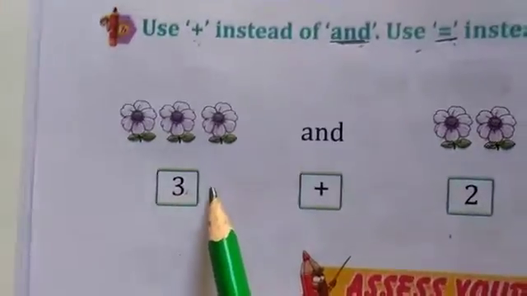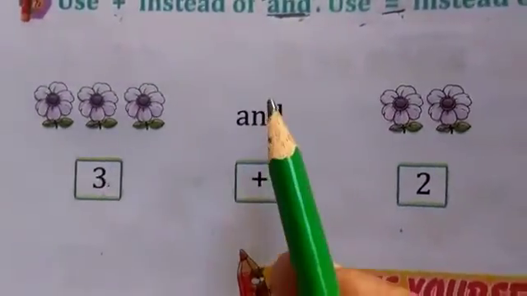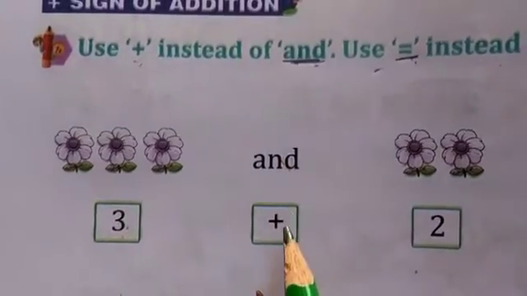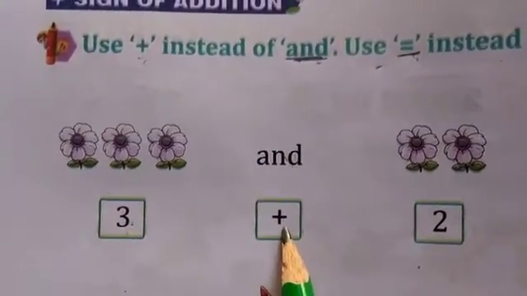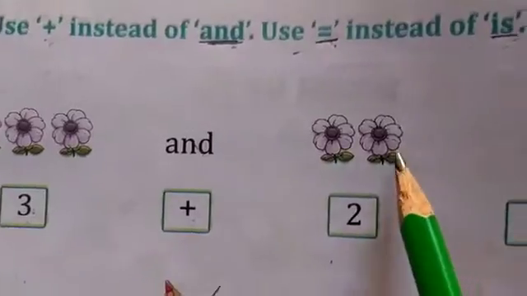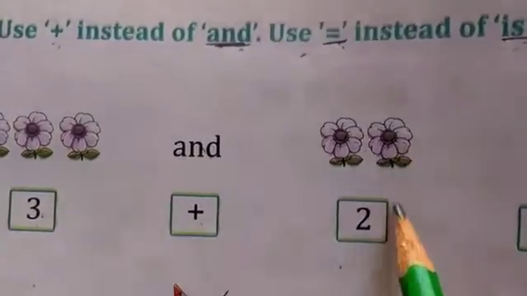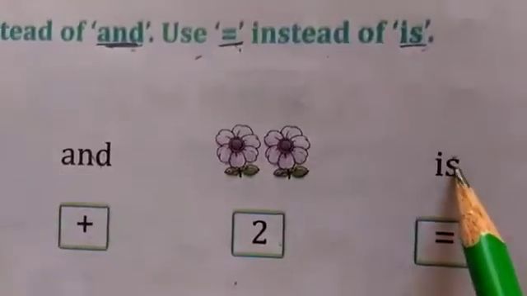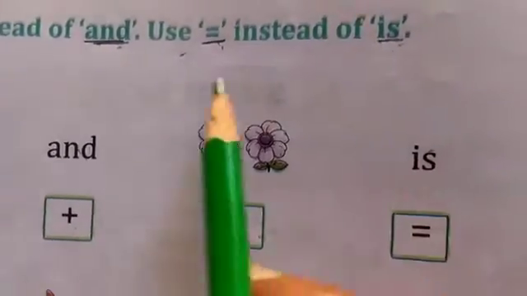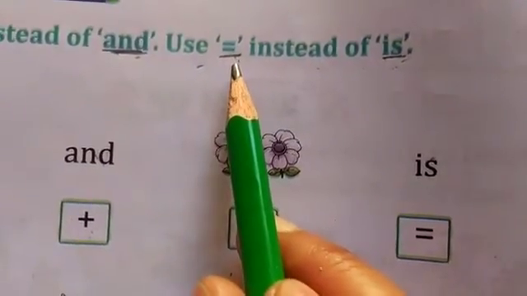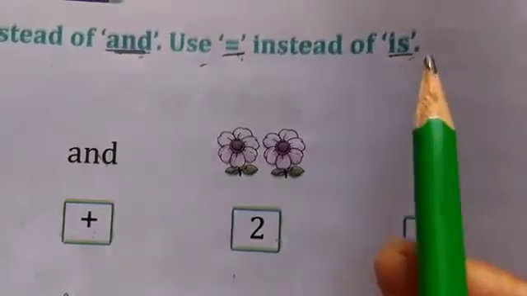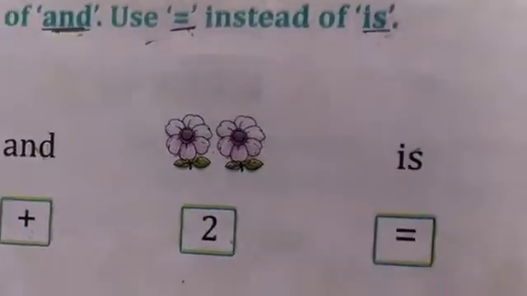So 3, and we write plus in place of 'and'. Then number 1, 2, so we write here 2. What do we write in place of 'is'? Equals to. So we write here equals to.